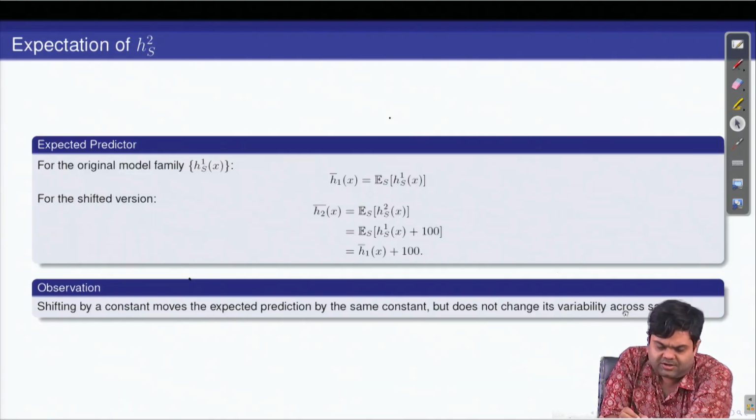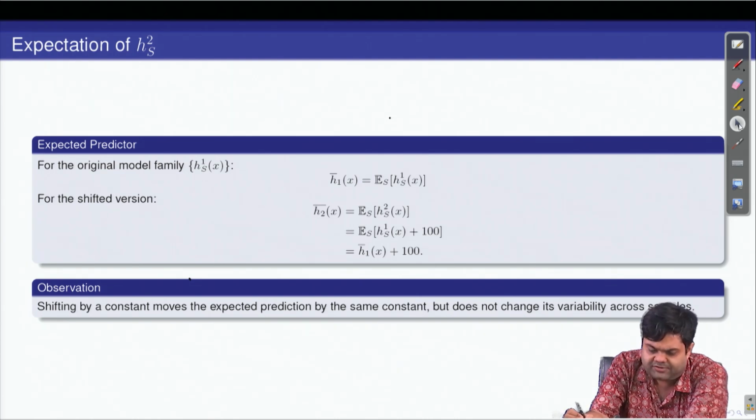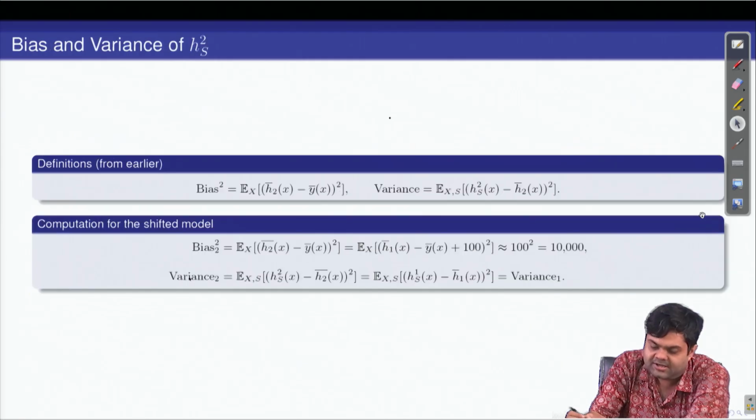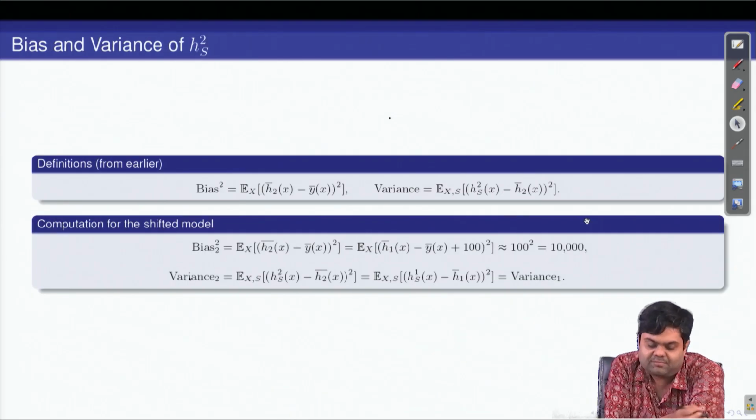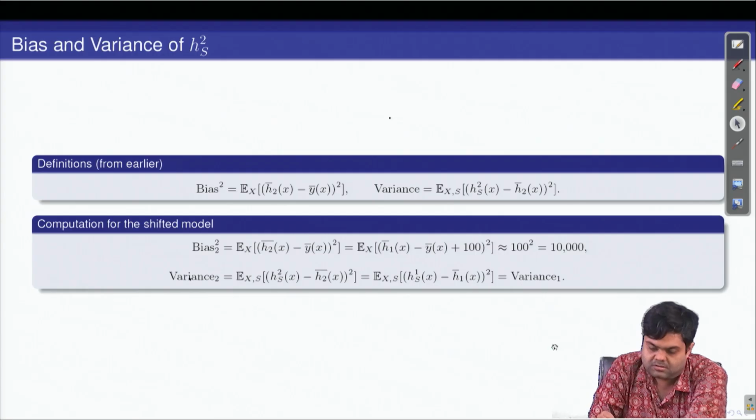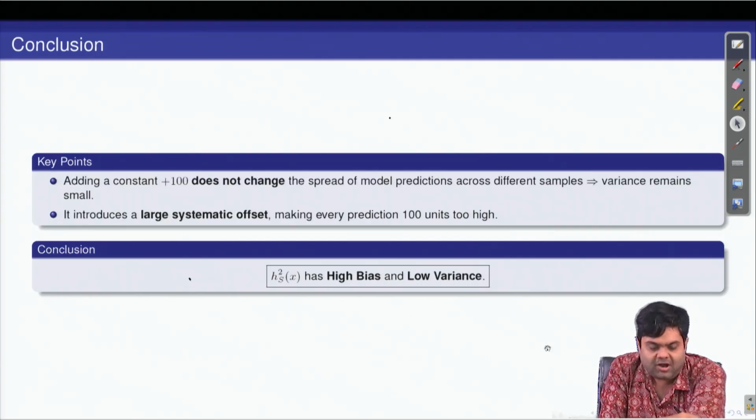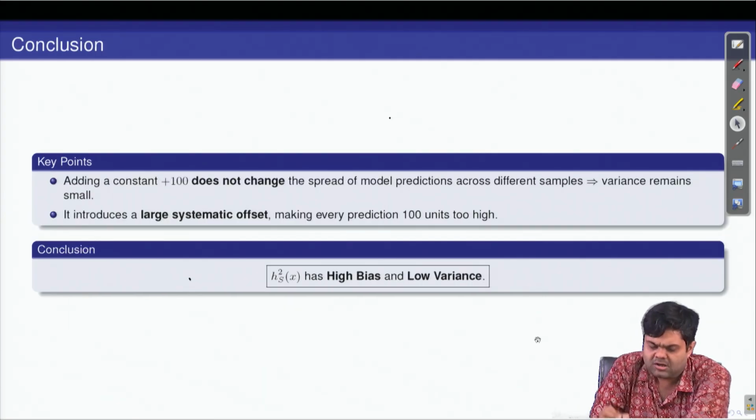So you can see that the expectation will get shifted by 100 and this will get reflected in the bias. It is a squared thing, so the bias will be 10,000, but the variance of course does not depend on shift, so variance will remain the same. So this is an example of a high bias, low variance model.